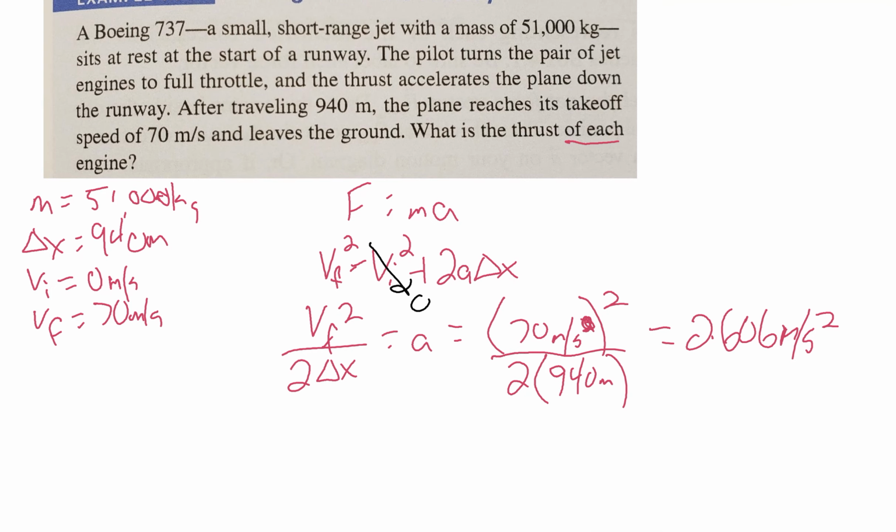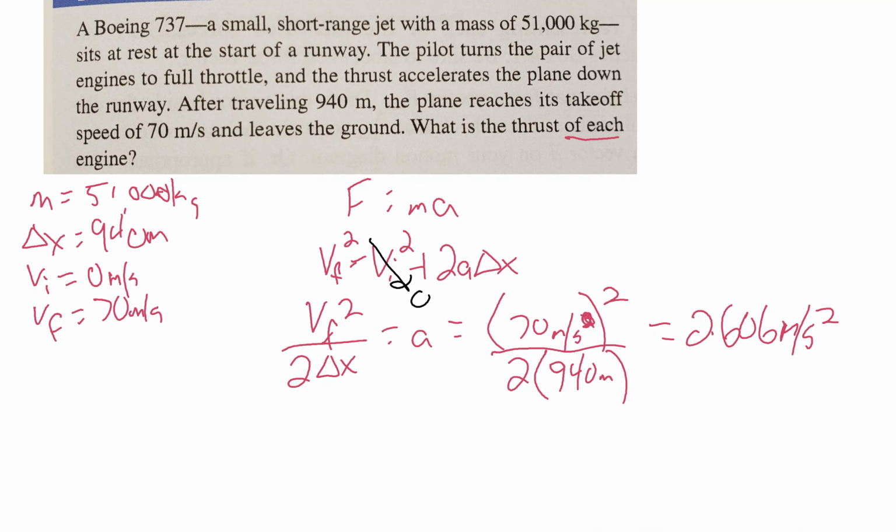Now, what do we do? Now we use our force. Now we can use the force equation up there to give us the force, the thrust. So we have F equals the mass, which is 51,000 kilograms, times the calculated answer, 2.6 meters per second squared.